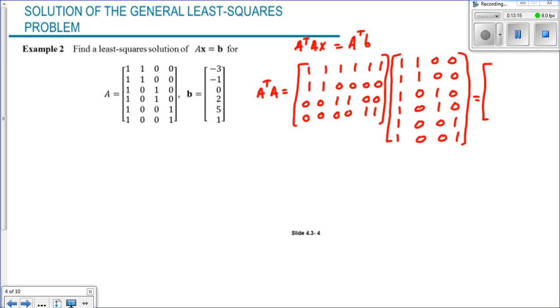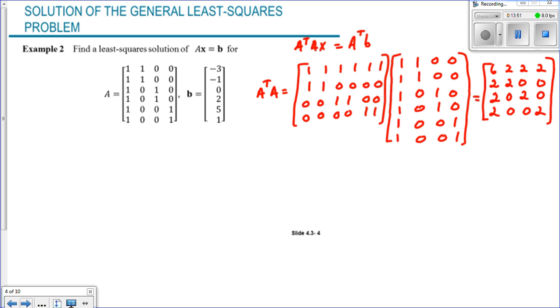So we'll have 6, 2, 2, 2. Row 2: 2, 2, 0, 0. I'm on row 3 now: 2, 0, 2, 0. And then 2, 0, 0, 2. So that's your A transpose times A.